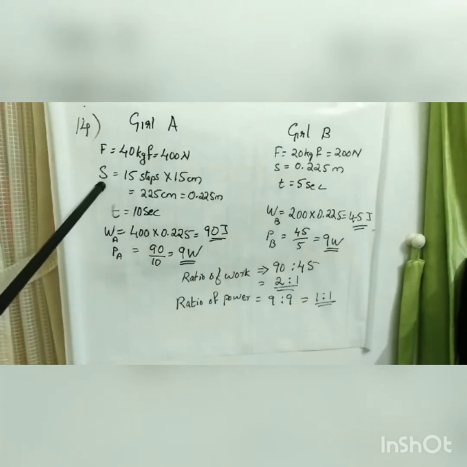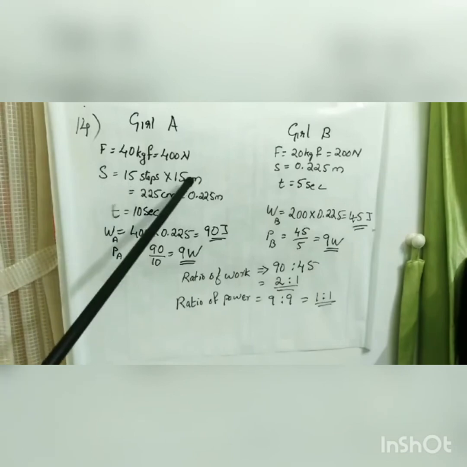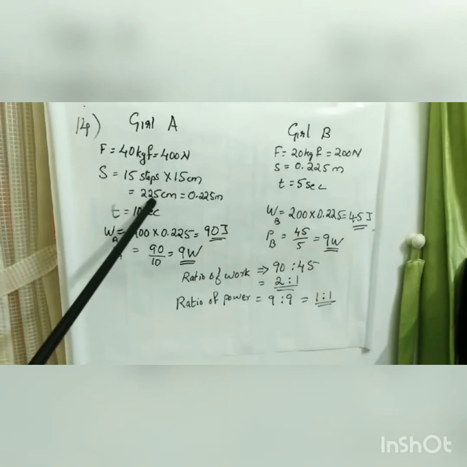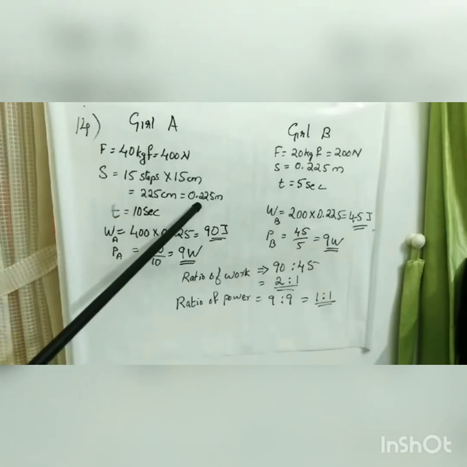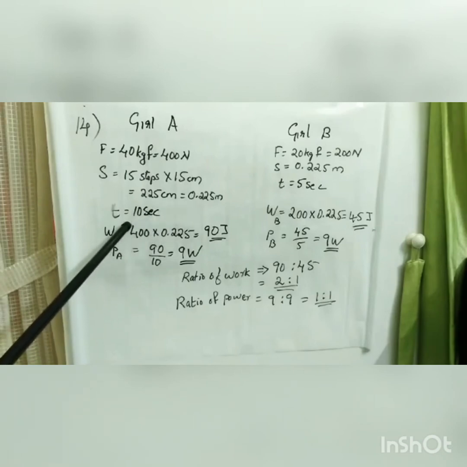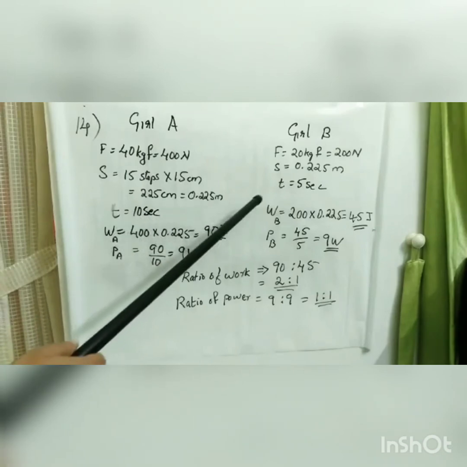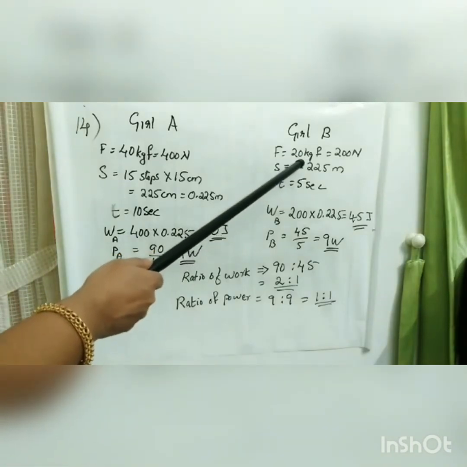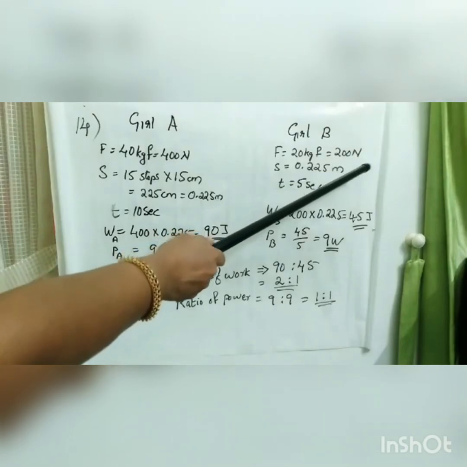So the displacement or distance is 15 steps into 15 centimeter, so total distance is 15 into 15, 225 centimeter. Converting it into meter, 0.225 meter, in 10 seconds. And the girl weighs 20 kgf, converting into SI unit, 200 Newton.